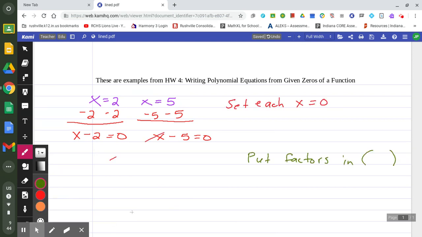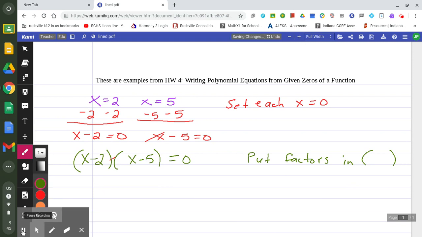So then the next step, I'm going to put those factors into parentheses. So I will have x minus 2 in parentheses and x minus 5 in parentheses. Then my next step is to FOIL.